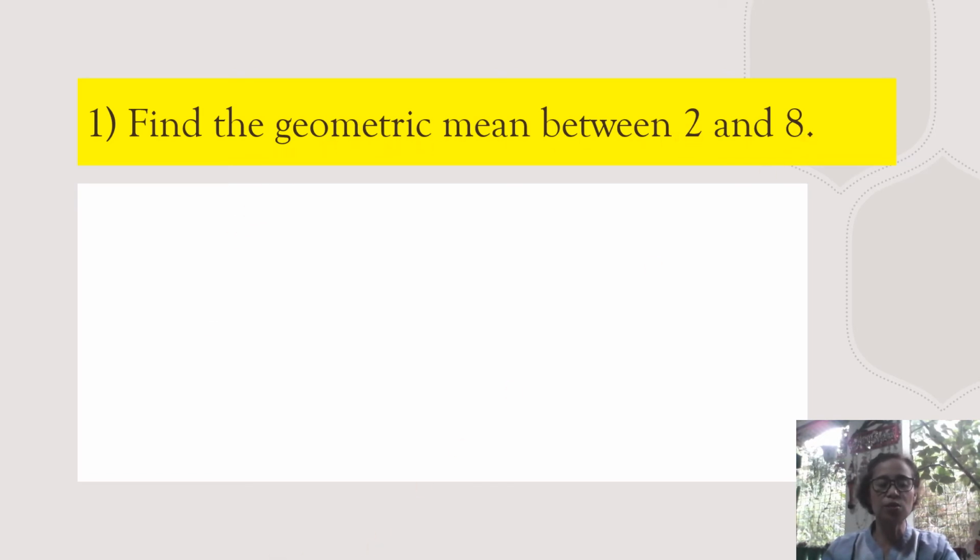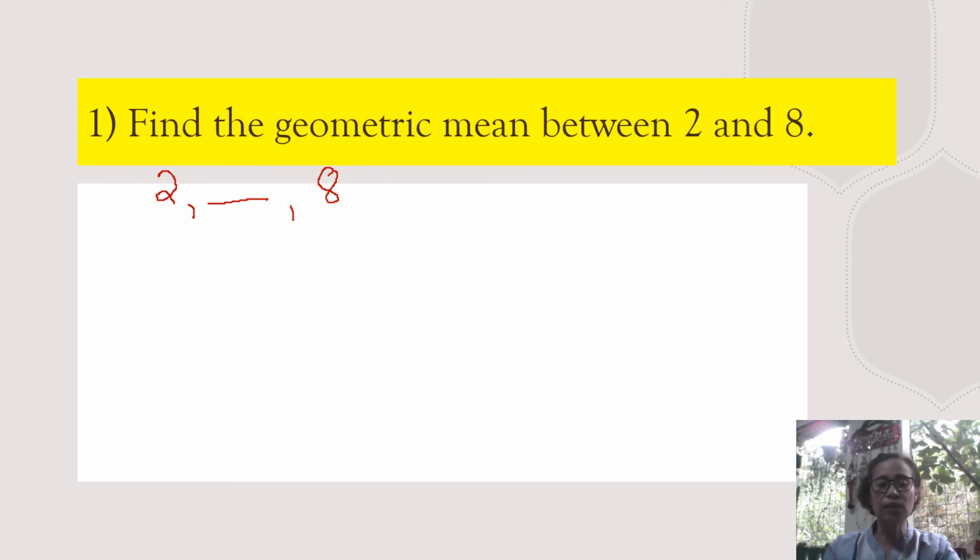So the geometric mean being asked is only one term. Step 1 is to list, the same thing that we did in arithmetic mean. We list that the first term is 2, then blank, then 8. That blank is the geometric mean that we are looking for in between 2 and 8.